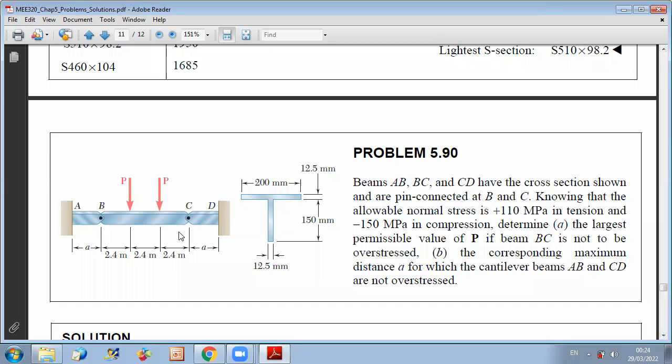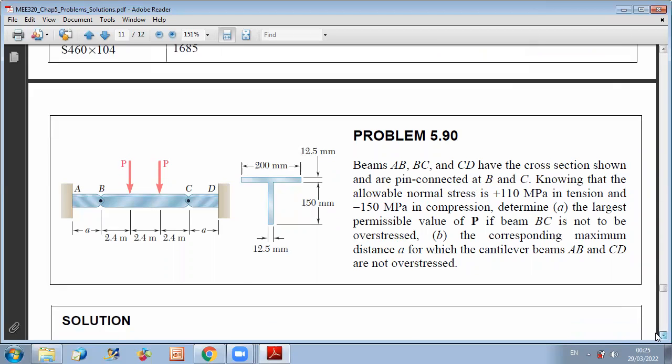If you take a look, you can see a symmetry in the load and a symmetry in the beam. So you can directly say, because of symmetry, AY is equal to DY is equal to P. These reactions at A and D are equal to P because of symmetry. And this will help you into drawing the shear diagram and the bending moment diagram.